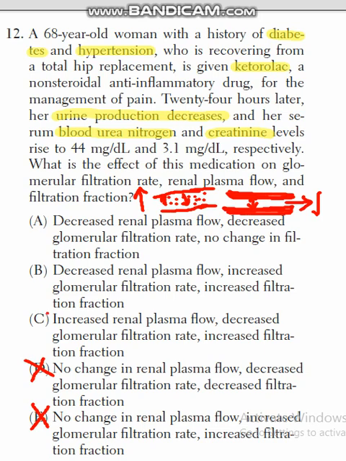This is also wrong. So decrease in renal flow, yes, this is right. Number second, increase in glomerular filtration rate, no, because when the flow is decreased, the GFR also decreases, so this one is also wrong.